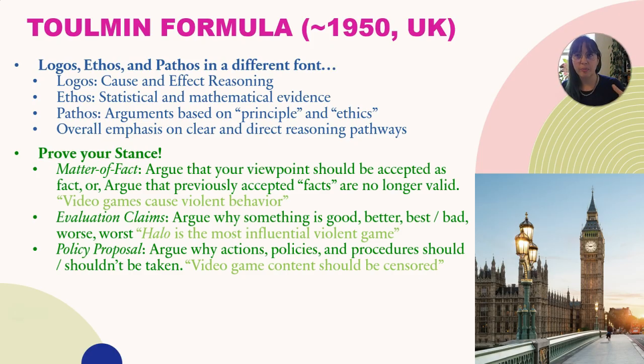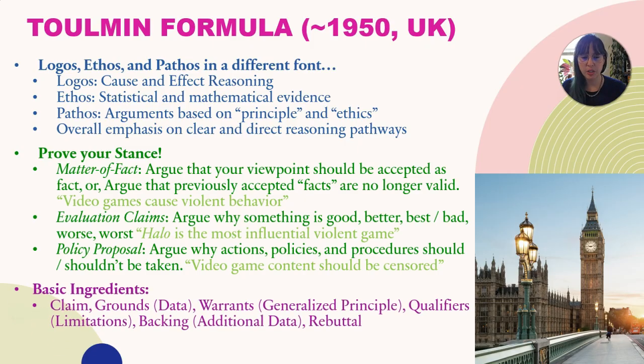So an example could be a paragraph that begins with the topic sentence saying, video game content should be censored. So just some examples to put it into a more visual understanding. The basic ingredients are, I feel, overly complicated and technical.